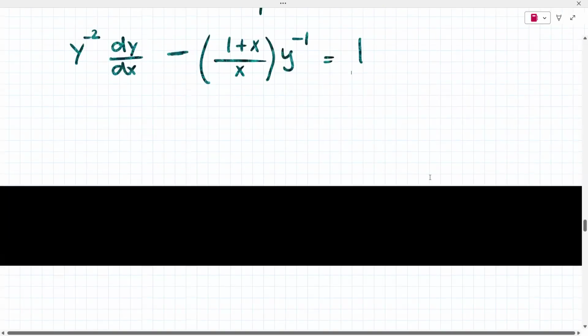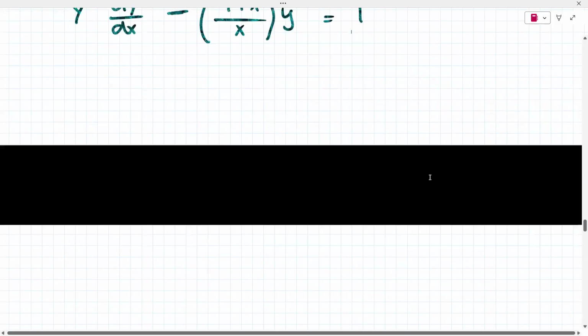So step 3, let u equals y to the negative 1.